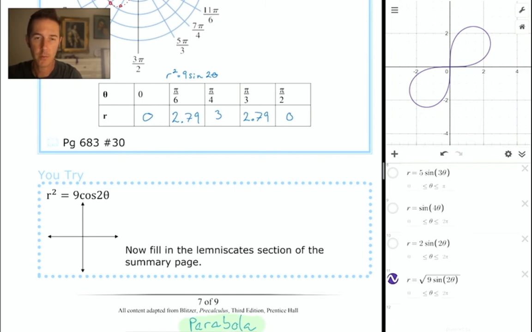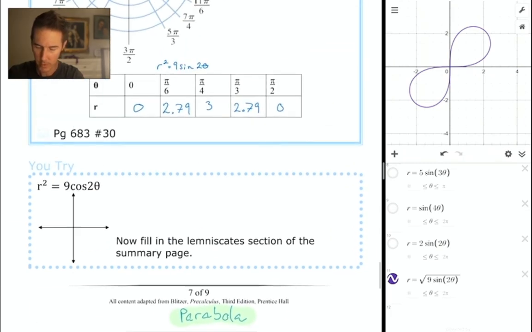Or you could take some theta values and plug them in and calculate corresponding r values and do a little heavy lifting just this once to make sure especially that you have a little experience with the rhythm of solving this on your own, just in case you're not allowed to use a graphing calculator on the test on this material. My students will not be using a graphing calculator when I test them on this material, so they should definitely make sure they know how to plug this information into their scientific calculator.